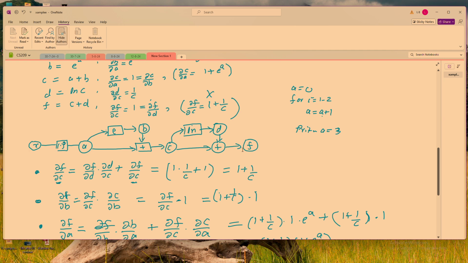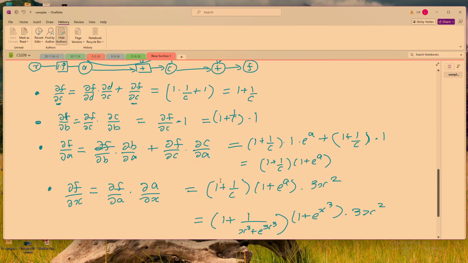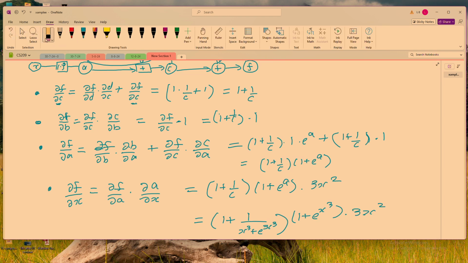Who answered? Yeah, Sri Chandra. Right. Yeah, so why is 1 plus e to the a not evident here? Because this loop is taking care of it in this step. Okay, if you've written it, then I'll erase and show you again. Everybody is okay till this point, no?